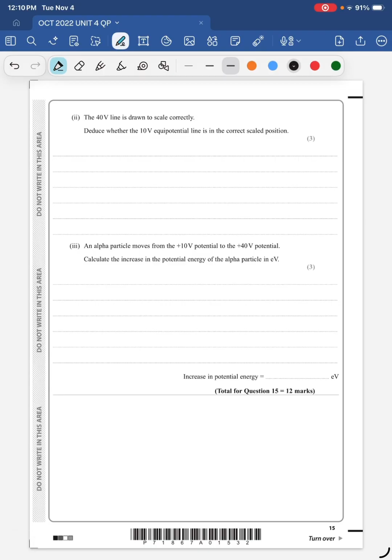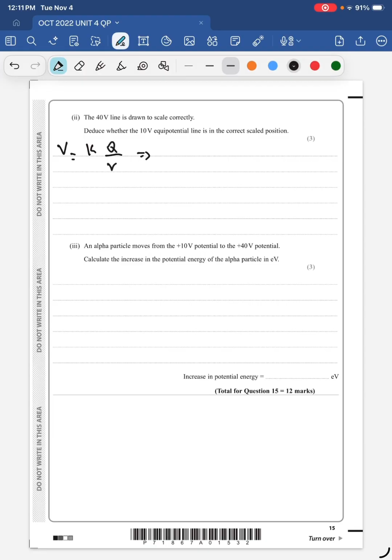Okay, part 2. The 40 volts line is drawn to scale correctly. Deduce whether the 10 volts equipotential line is in the correct scale position. Okay, so remember that V is kQ over r.